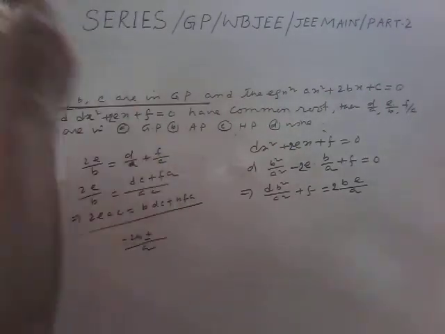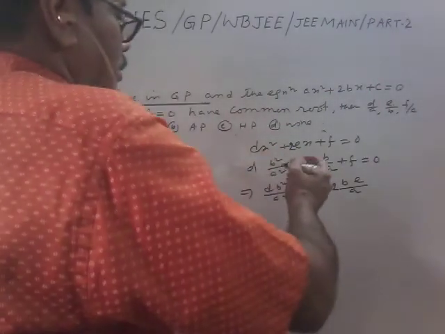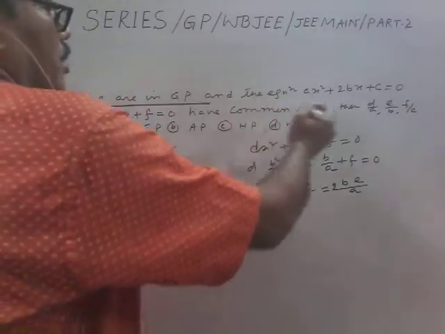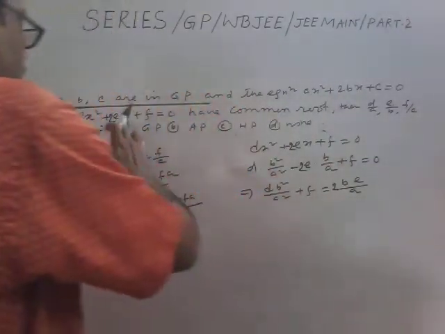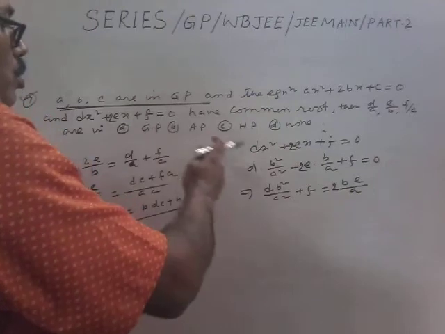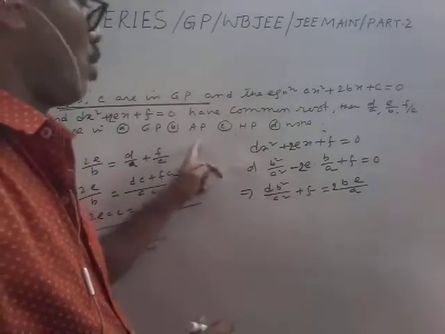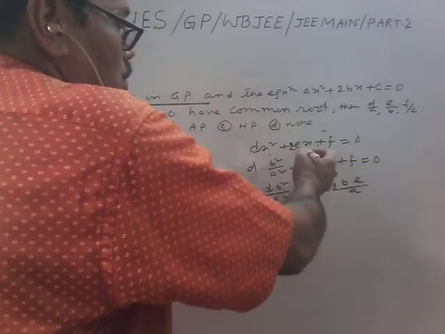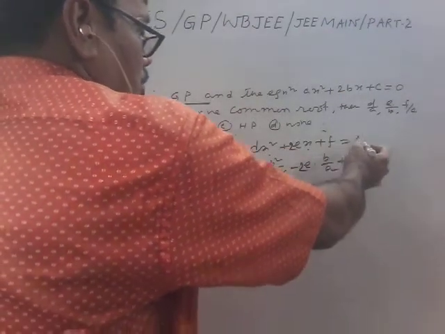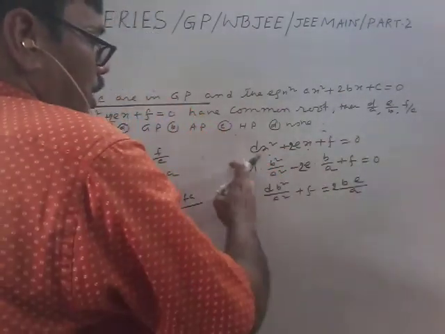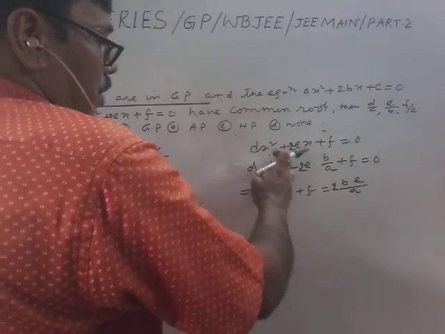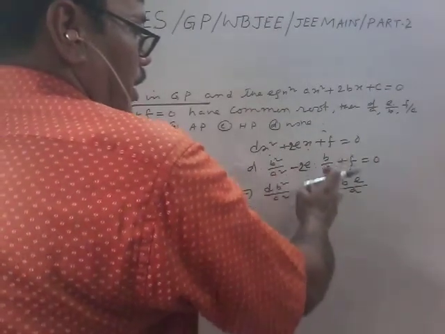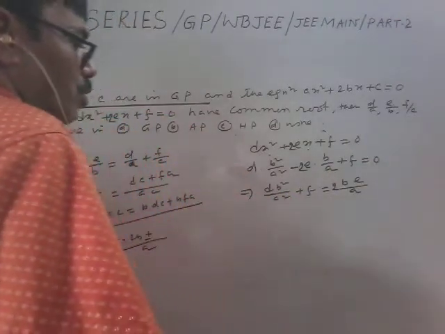Now b by a, this and this have a common root, therefore b by a is also a root of the second equation. So dx square plus 2ex plus f equals 0. So d into x replaced by b by a, plus 2e b by a plus f equals 0.